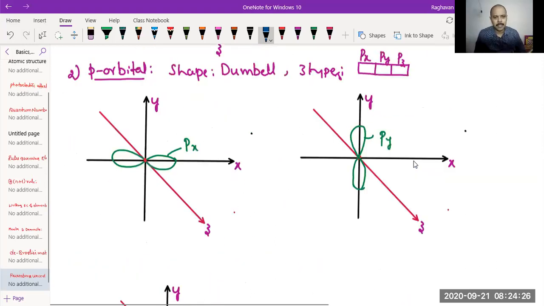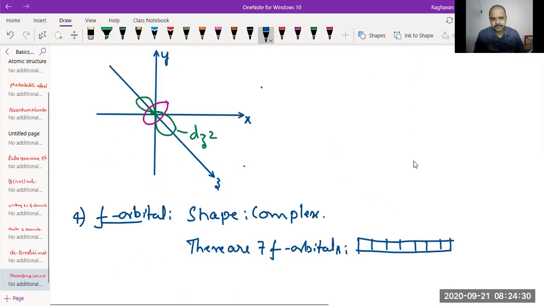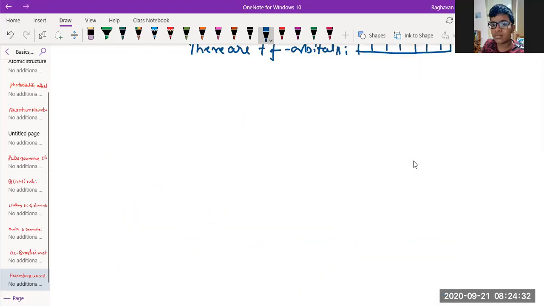Now you have to tell me, when I say a double dumbbell, which is that? D. Which is spherical? S. Which is complex? F orbital. What is P? Dumbbell. There are 5, which one?